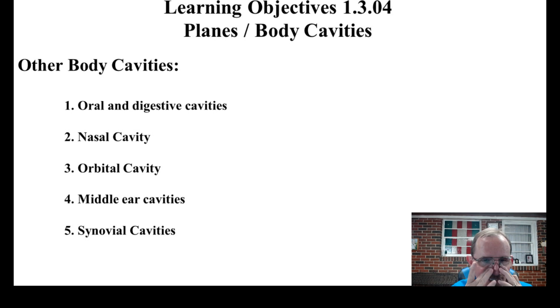The nasal cavity, I'm sure you've probably heard about that. That's the inside of your nose, which is hollow. The orbital cavities are the holes in your head that the eyes sit in. There are cavities behind the eardrum, and then we've got cavities around some of our joints called synovial cavities. We'll get to that at the appropriate time.